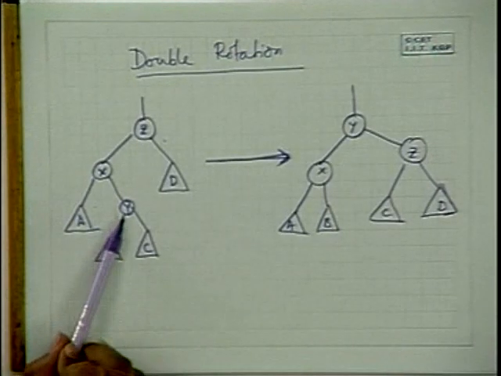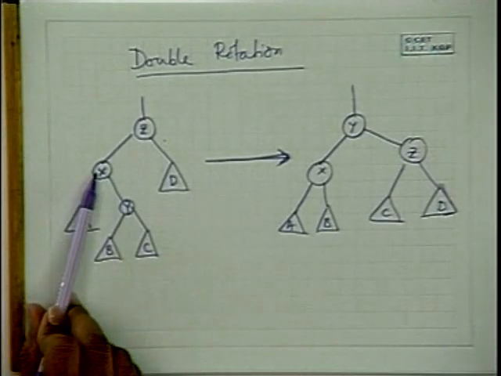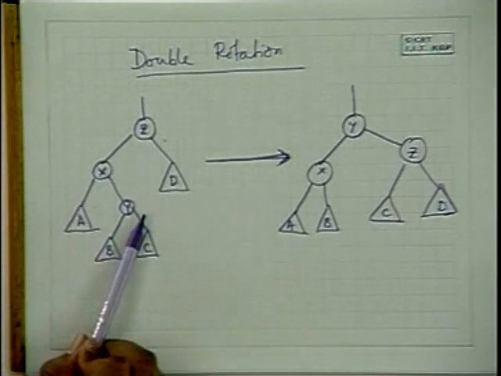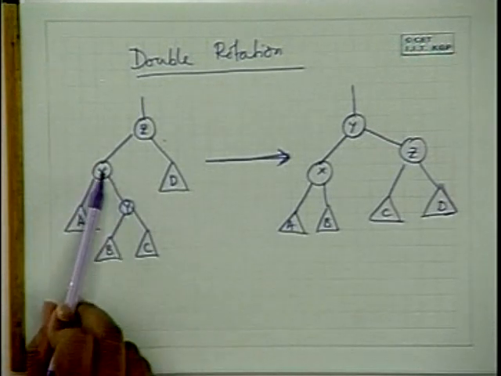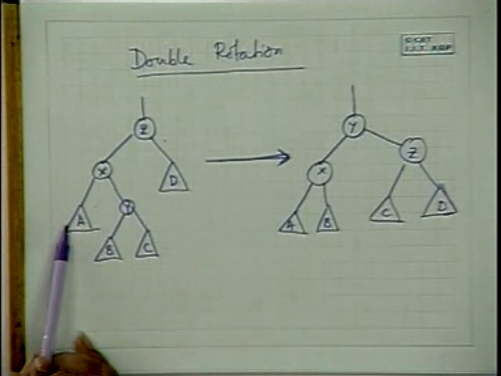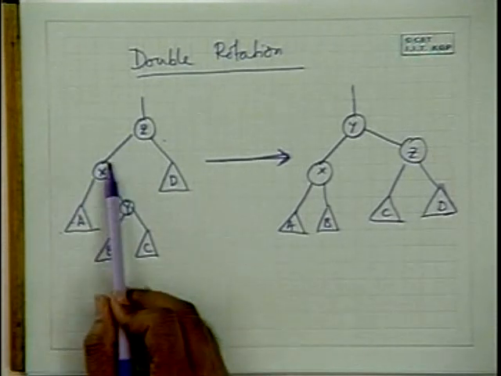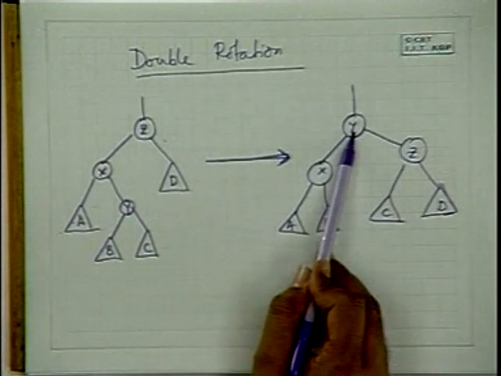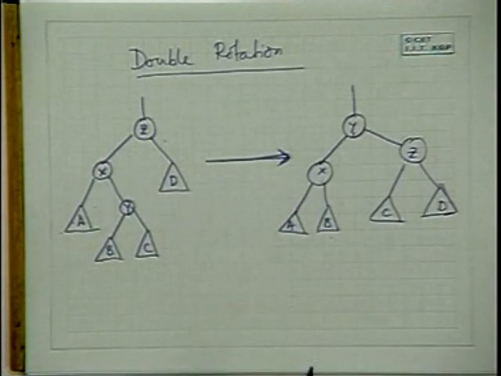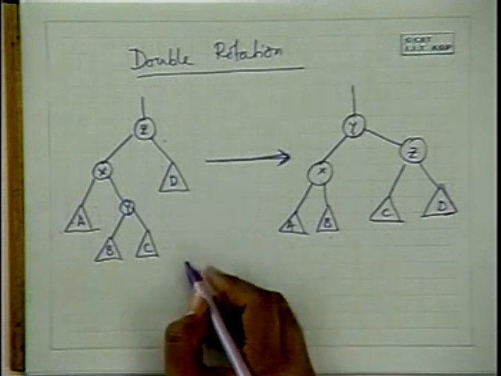You first do a left rotation of Y. If you do a left rotation of Y, Y goes here, and X comes here with A and B as the left and right child. Then you do a right rotation of Y, and then Y will come here and exactly this will happen. So this is a conjunction of two single rotations.